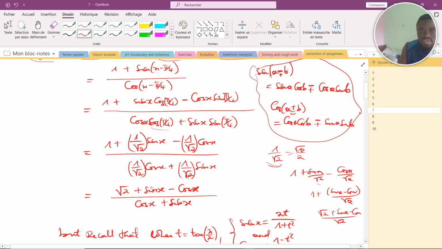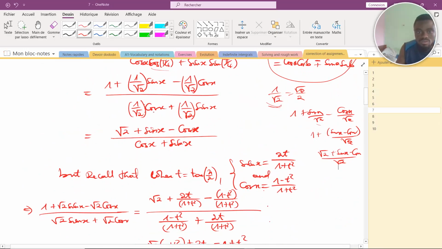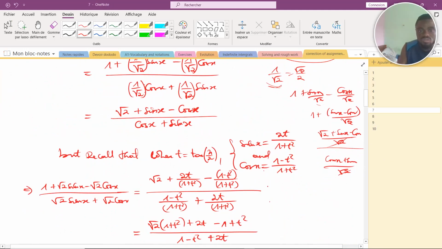The same thing under, I'll have cos x plus sine x all over root 2. So you see that in this division the root 2 will go. That's why I'm left with root 2 plus sine x minus cos x all over cos x plus sine x.